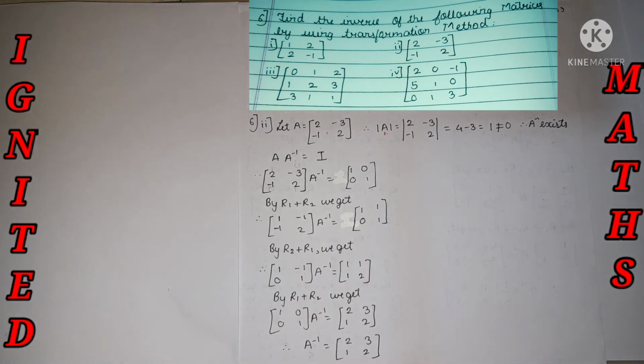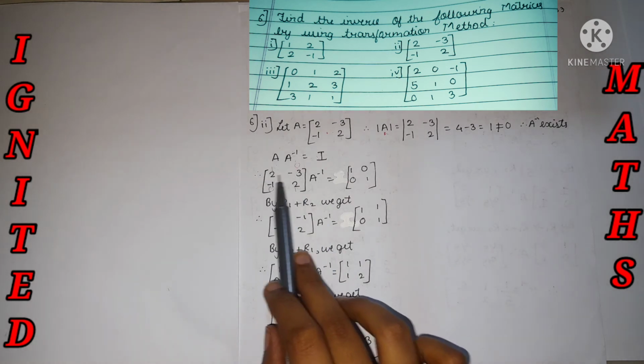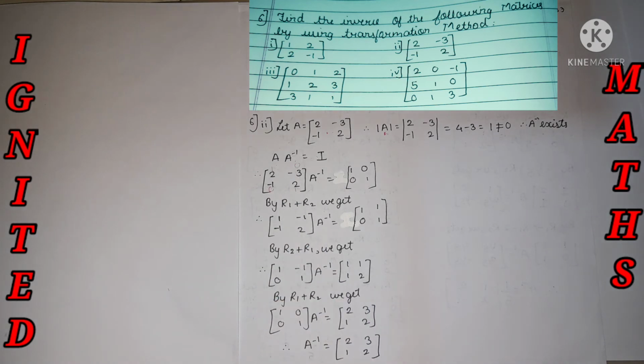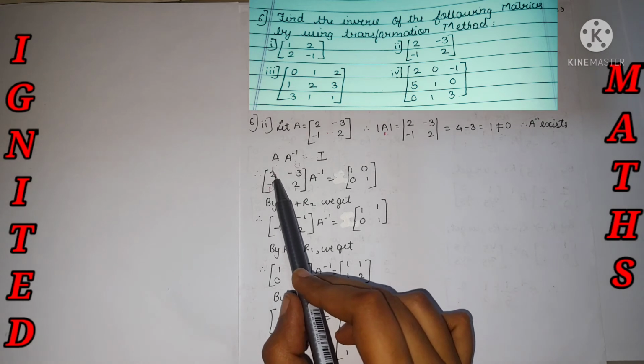Over here anything applies, no problem, but over here we need to bring it in the form of 1 0 0 1. Then only will we get the answer of A inverse. For that purpose we can do any operation up to us: add, subtract, multiply, scalar multiplication, interchange, anything. It's up to us.